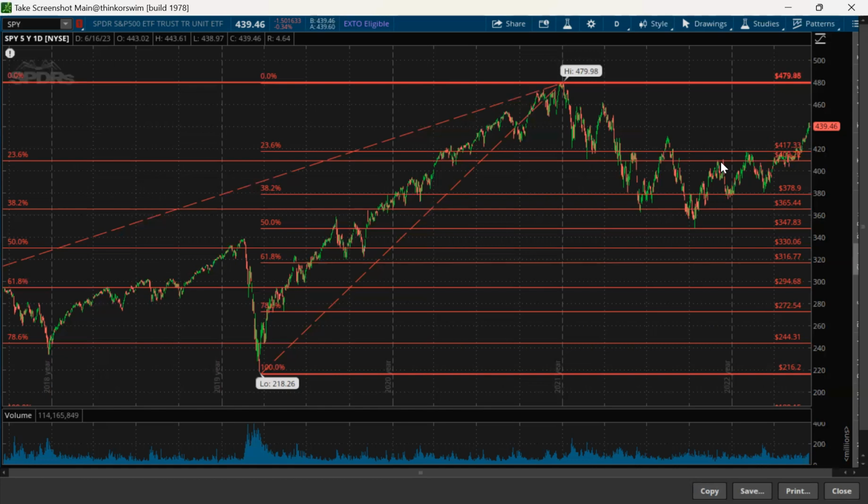And you've got to remember, larger fib sequences are stronger than shorter fib sequences. And it went back down, was supported by its 38% retracement of the COVID fib sequence, and then bounced back up and was able to touch off, but not break the 420 barrier that I was saying.